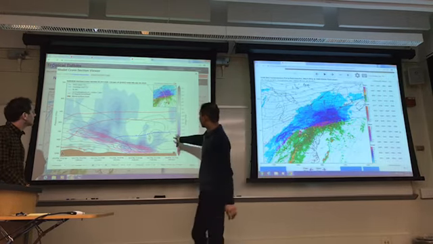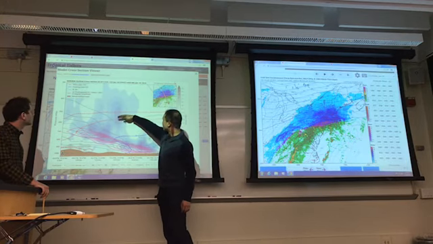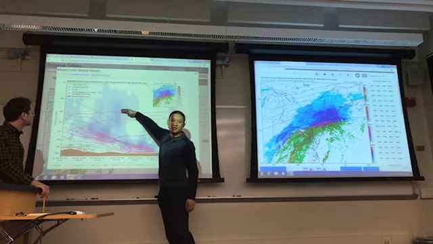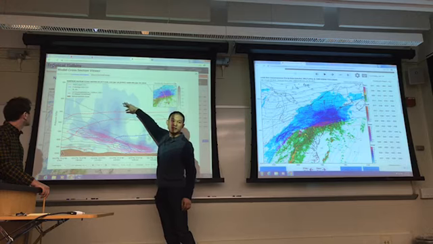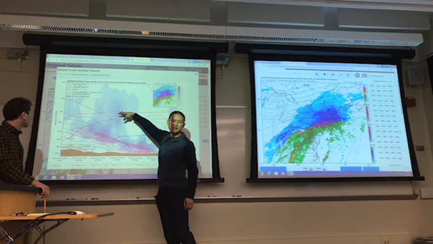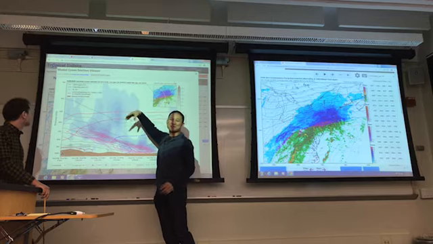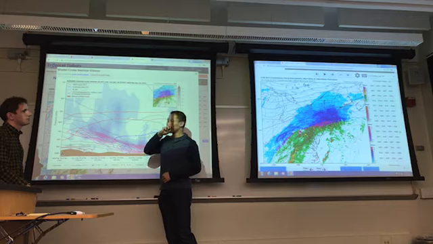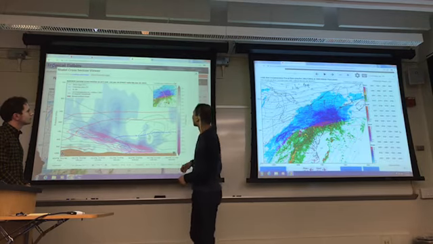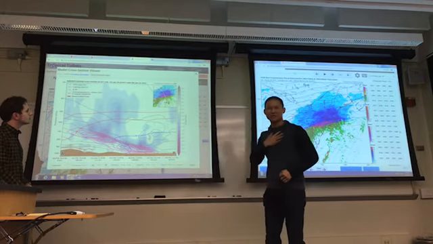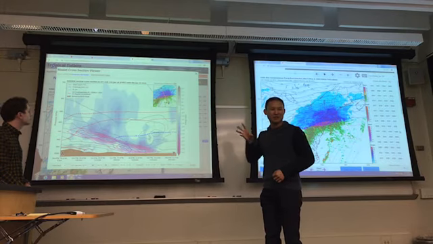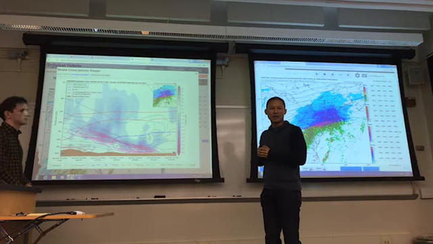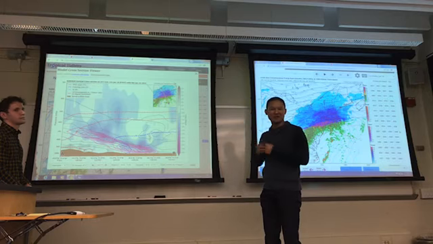So before we move on, the signature of banding is where you look at an intersection of the dendritic growth zone with the highest omega. This is where you get those big aggregate snowflakes. So banding as we observe it on radar is a signature of big aggregates. The problem with looking at model output is that it's just precipitation rate. Radar will differentiate, but the model doesn't have all those various snow crystal types, as far as I know.